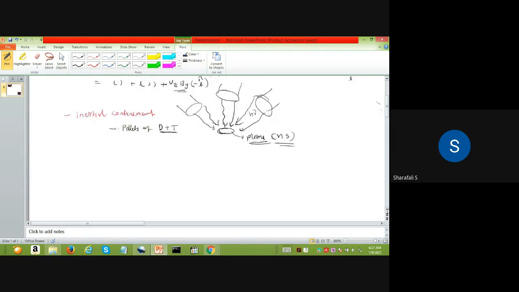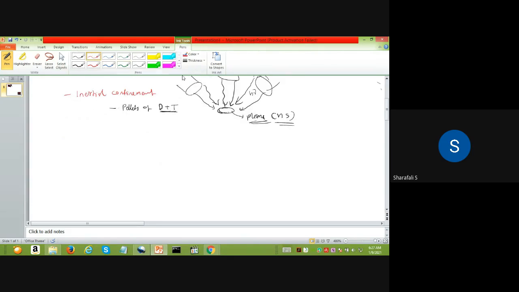The mostly used, widely accepted modern method is called the tokamak design. This was developed by some Russian scientists.